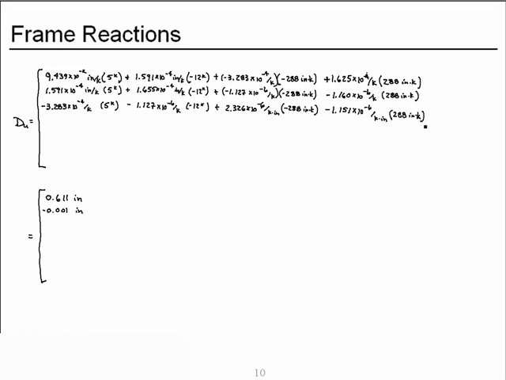And when we put all of those together, we get a negative 2.63 times 10 to the minus third radians.